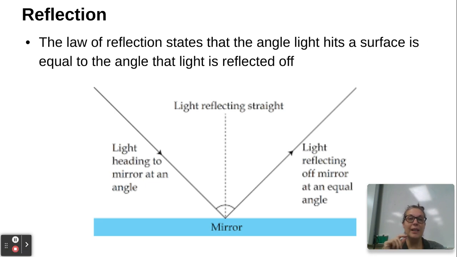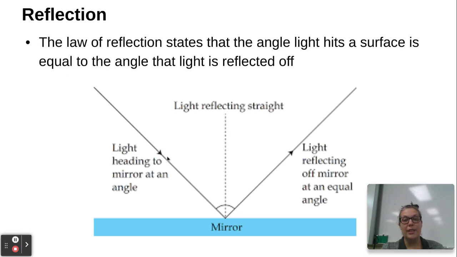One of the main principles of reflection is the law of reflection. And this states that the angle at which light hits a surface is equal to the angle at which light is reflected off. We can see in our image, we are using a mirror as the surface. So light is traveling in a straight direction.